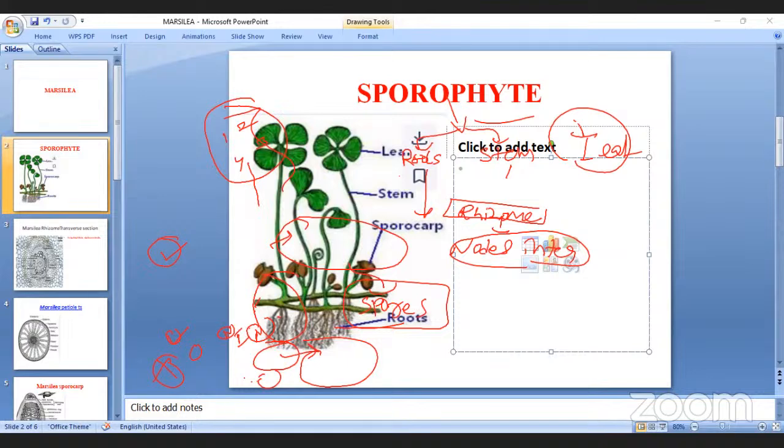Depending on the genus and species, they may be hydrophytic or amphibious. So we already discussed external characters. Now let's discuss the internal characters first. Let's see the rhizome TS internal structure.